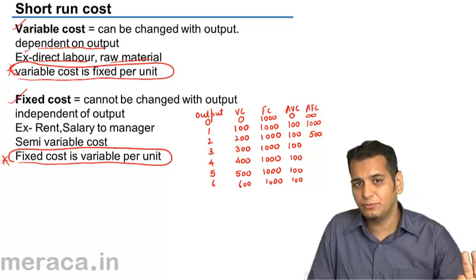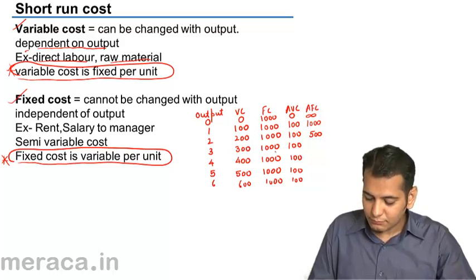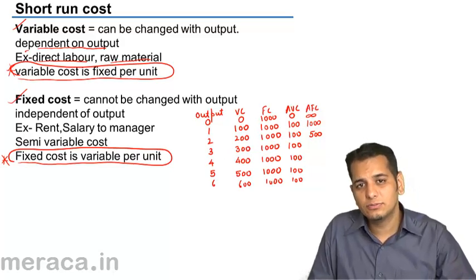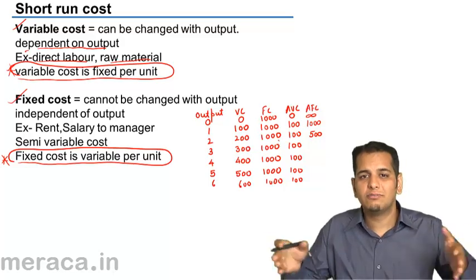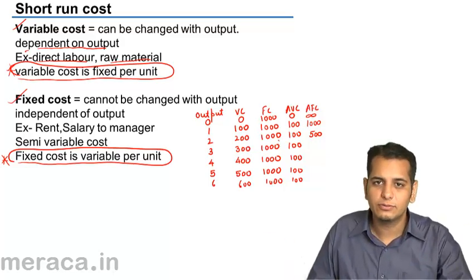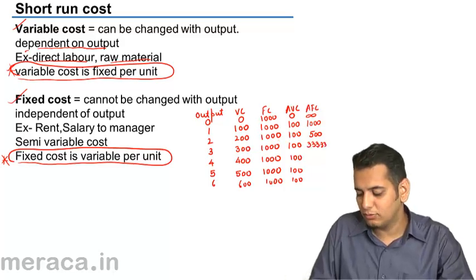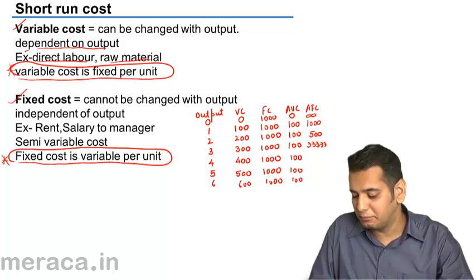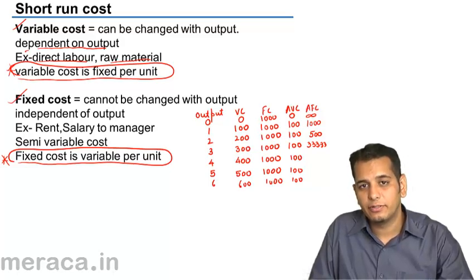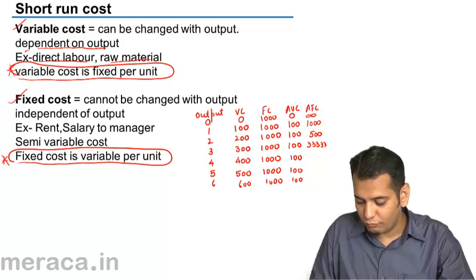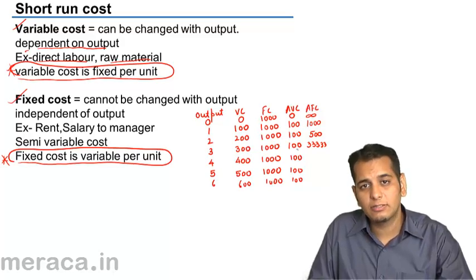If I produce 3 units, I'll still pay only 1000. So now this 1000 will get divided into 3 units, and the average fixed cost will be 333. For 4 units, I'll still pay 1000.